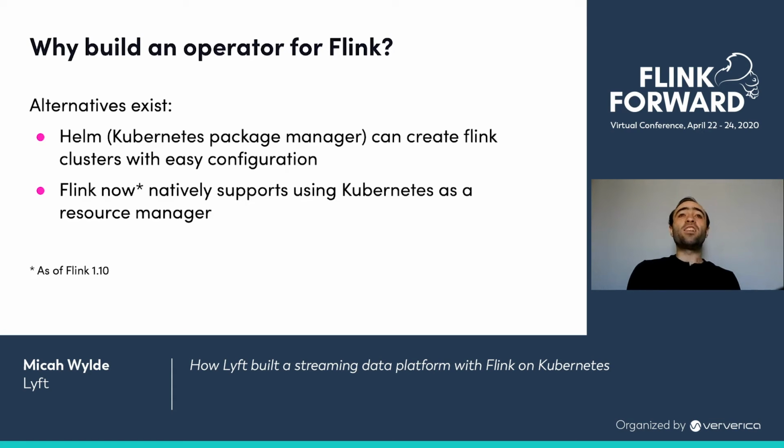We decided not to go with that approach because it doesn't really answer the hard questions about how do you run an application over the long term as it is updated, as it's scaled up, scaled down. How do you make all that stuff work really well? Helm just answers the question of how do you get the cluster in the first place.